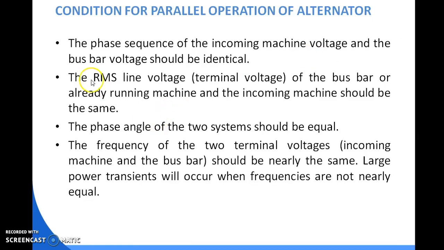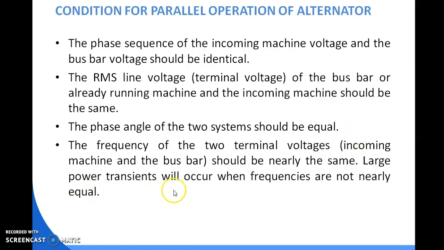Next, the RMS line voltage, which is also known as the terminal voltage of the bus bar or already running machine, and the incoming machine should be same. Next, the phase angle of the two systems should be equal. Finally, the frequency of the two terminal voltages, both the incoming machine and the bus bar, should be nearly the same value.